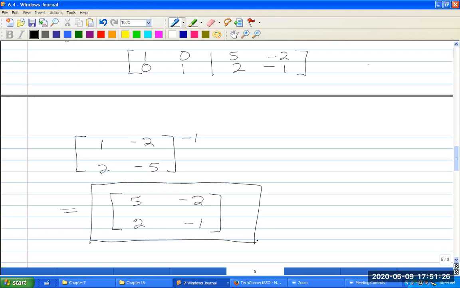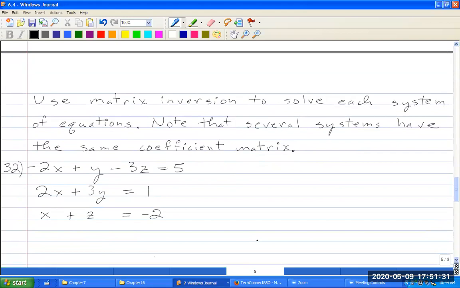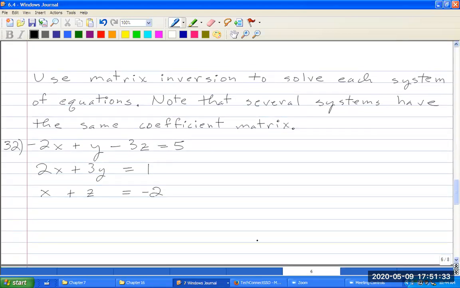Okay. Let me do problem number 32. Use matrix inversion to solve each system of equations. Note that several systems have the same coefficient matrix.